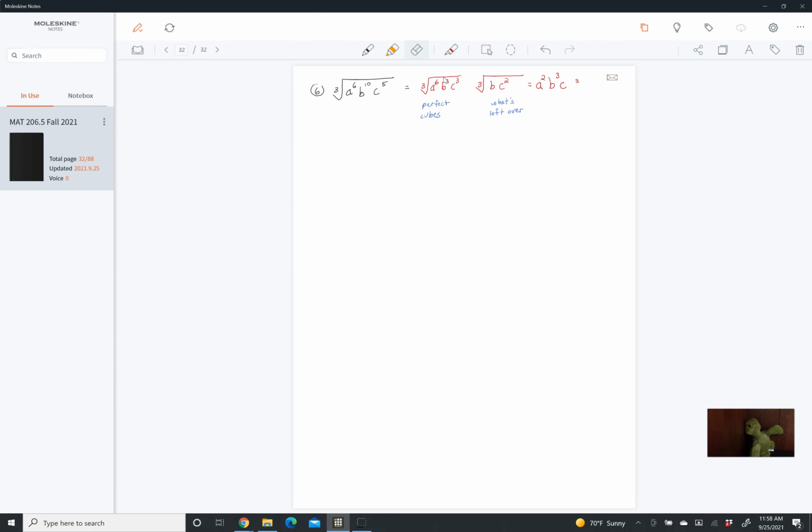And we still need to keep this cube root of b times c squared. And I'm going to emphasize again, please make sure that your 3 looks like an index. Okay. Let's take another one. And this one, I would recommend that you try it yourself. Okay.